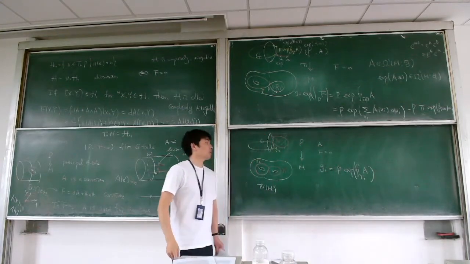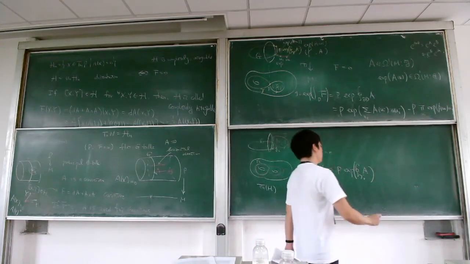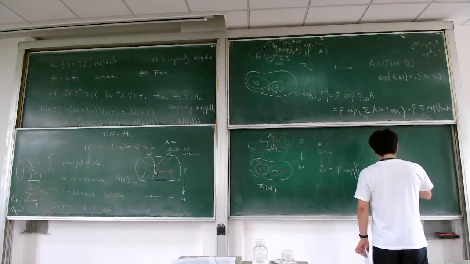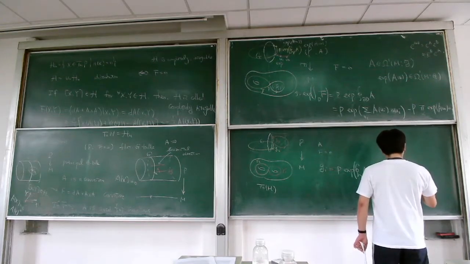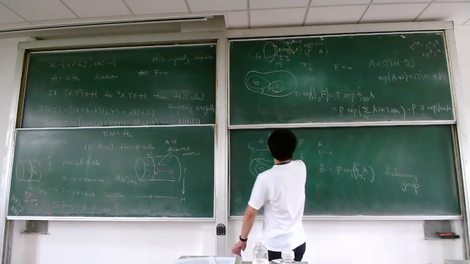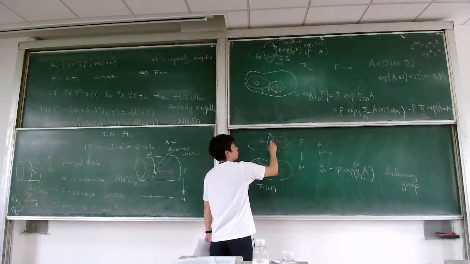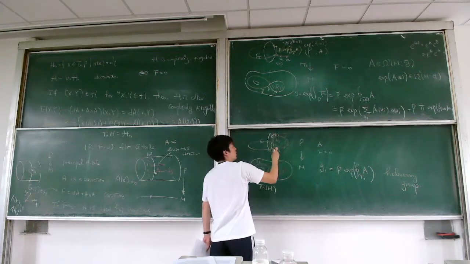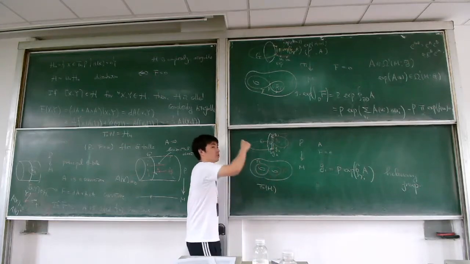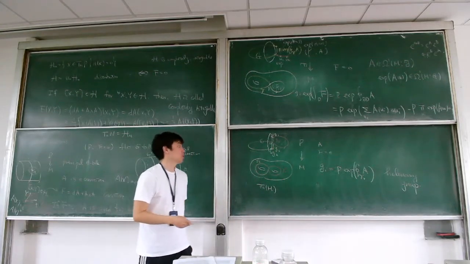This is called the holonomy group. Namely, this G is the right action, so that this point U is moved to U times G1 here, and this one is U times G2. It's the right action on the principal G bundle.